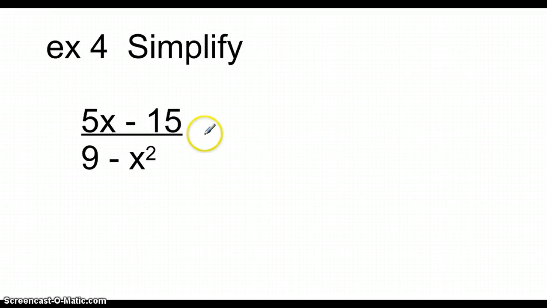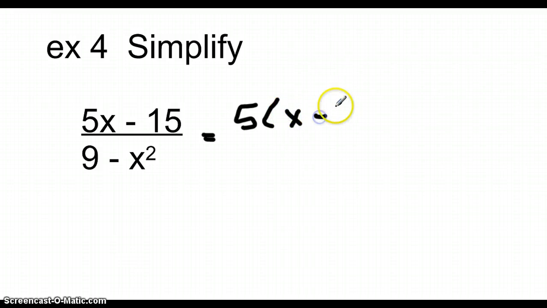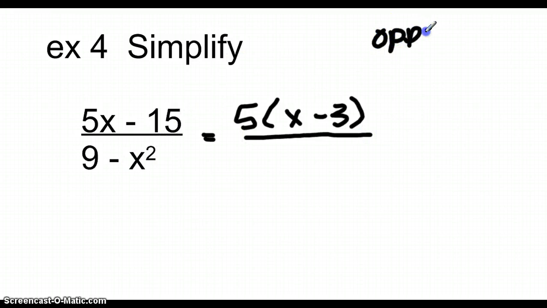Okay, last one. This one I can see that there's a 5 in common on the top. So if I pull the 5 out, I'm going to be left with x minus 3. Now this problem is sometimes referred to as an opposite problem, because you'll notice on the bottom that those are written opposite of what we normally would see.